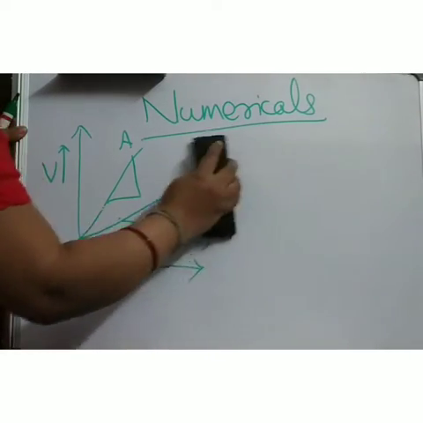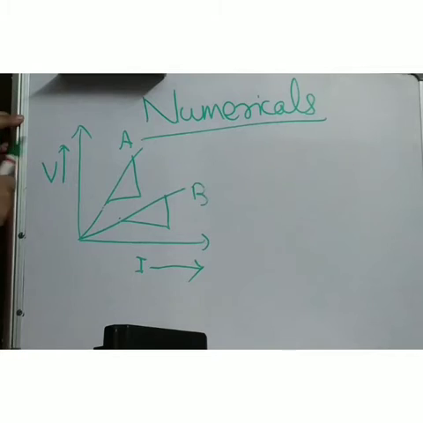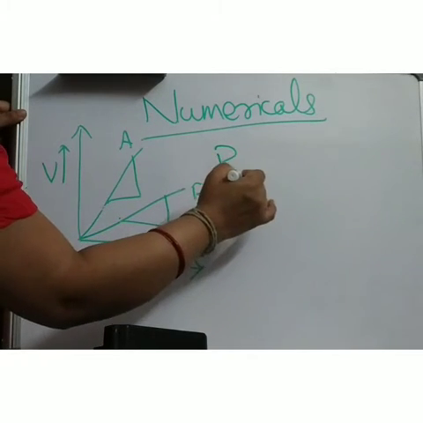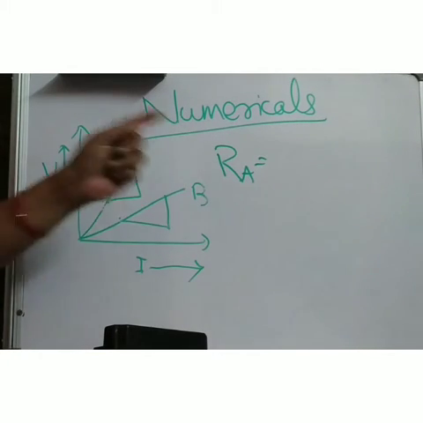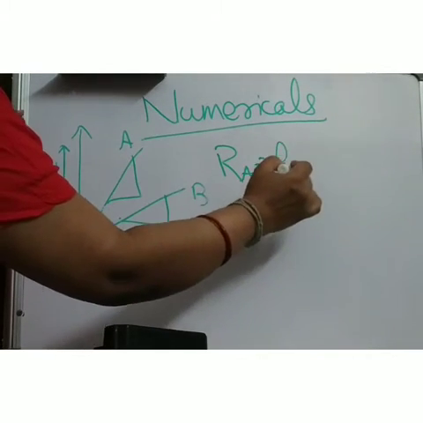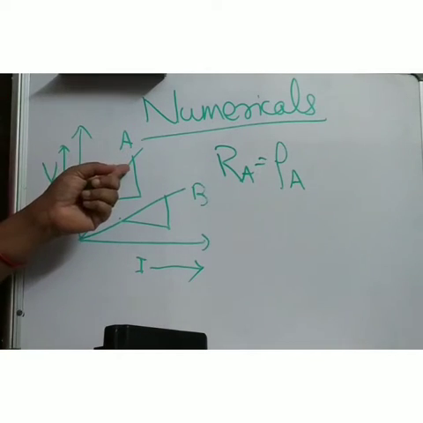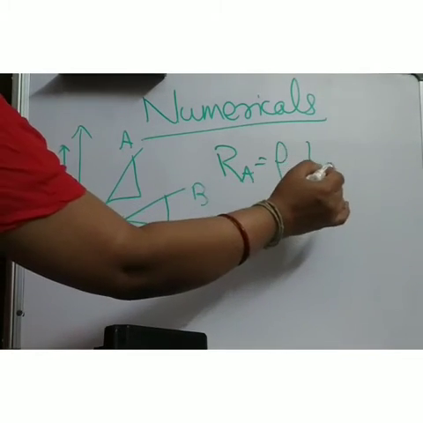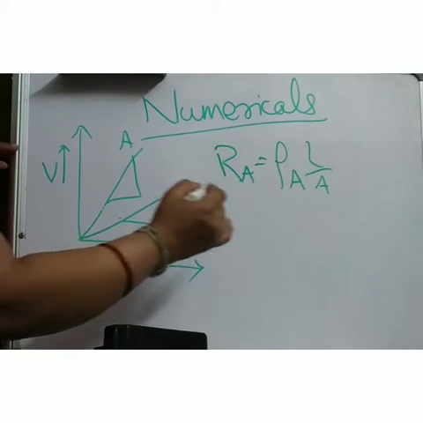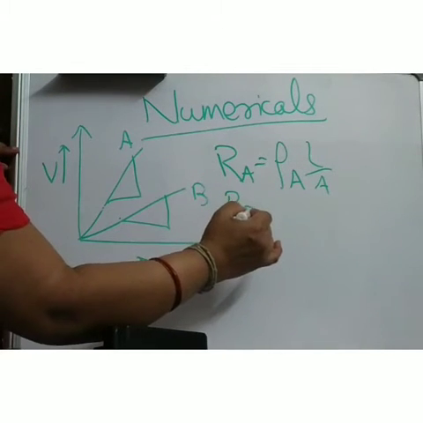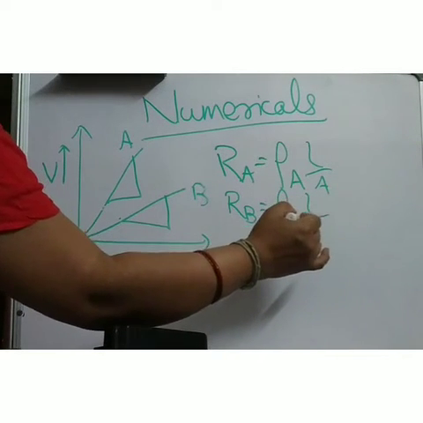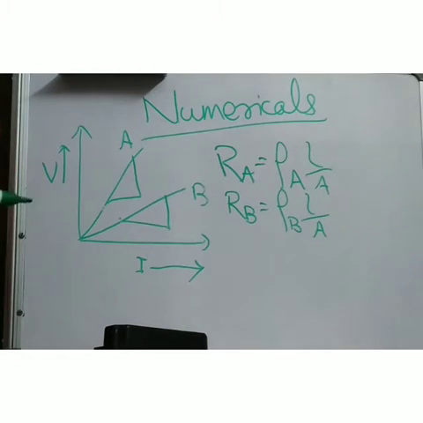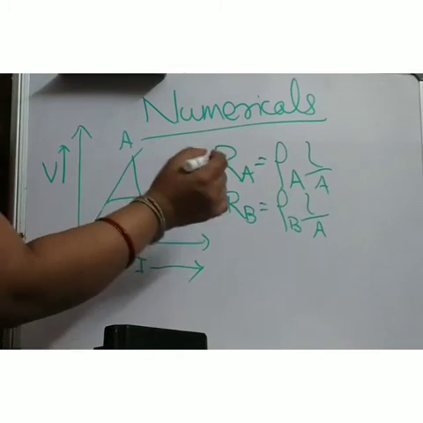Still, mathematically also we can prove it. How? Suppose the resistance of wire A we can write as RA. The resistivity of wire A is rho A, so RA equals rho A times L by A. And the resistance of wire B, RB, is equal to rho B times L by A, since both length and thickness are the same.